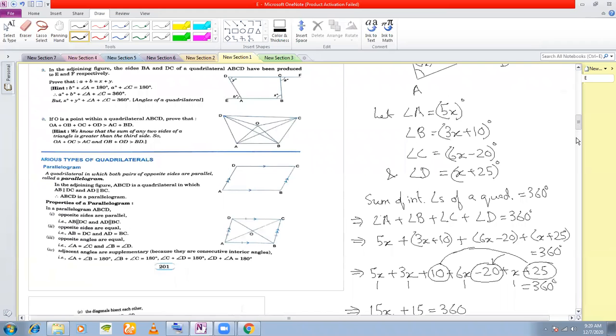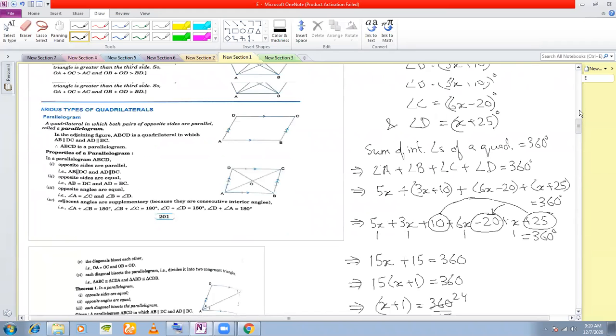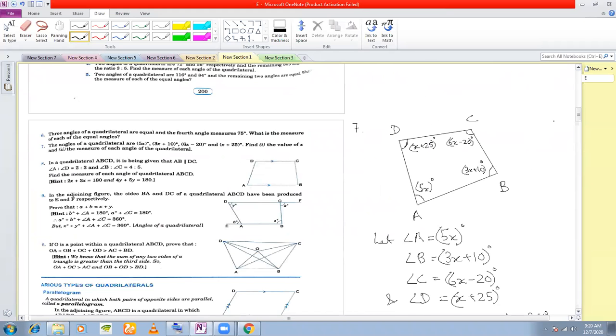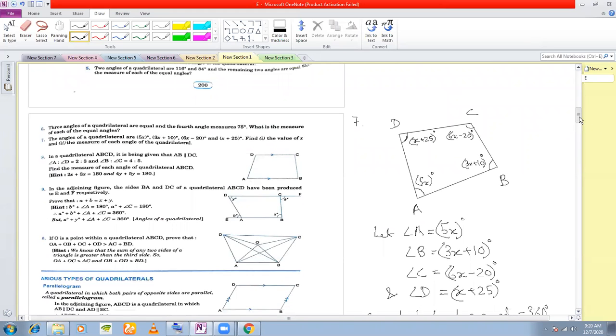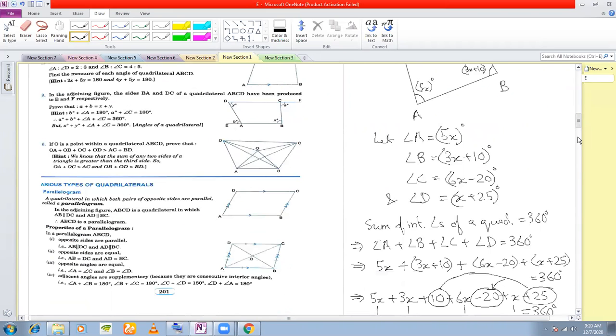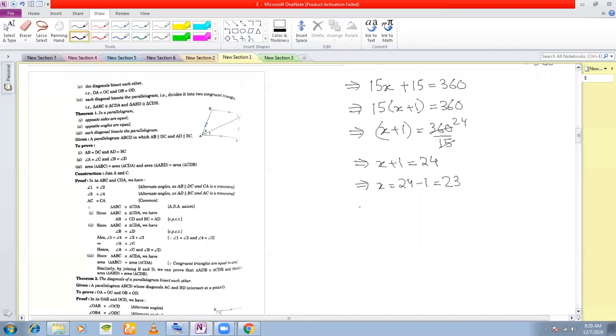Now we need to find each of the angles. That is the question here, right? If you see the question, it is to find the measure of each angle of the quadrilateral. We need to put the values also. So therefore, what is angle A? Angle A is 5x, which is 5 into 23, which is 115 degree.